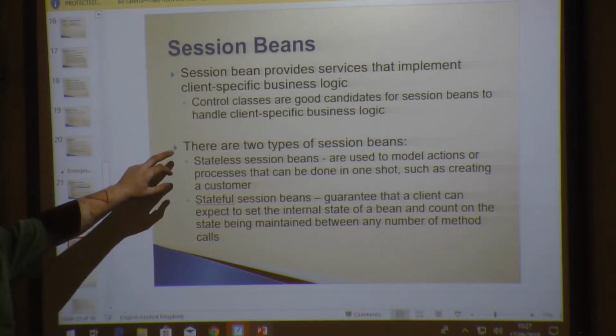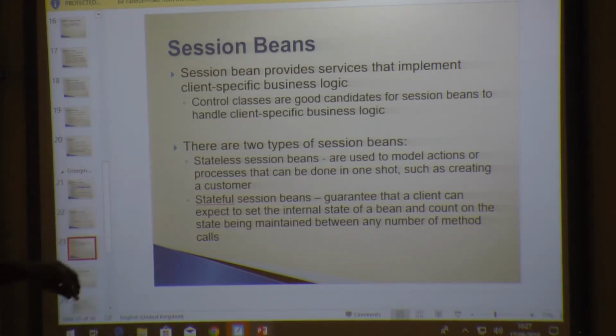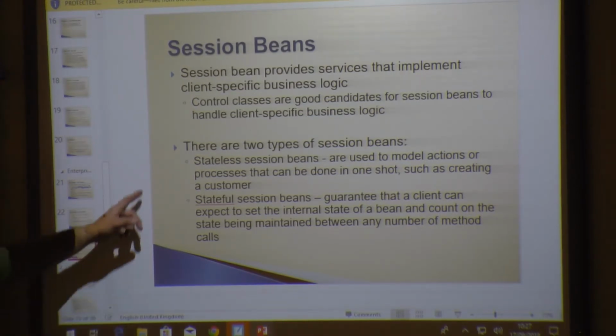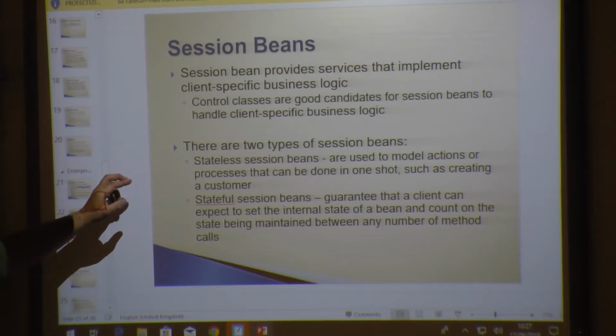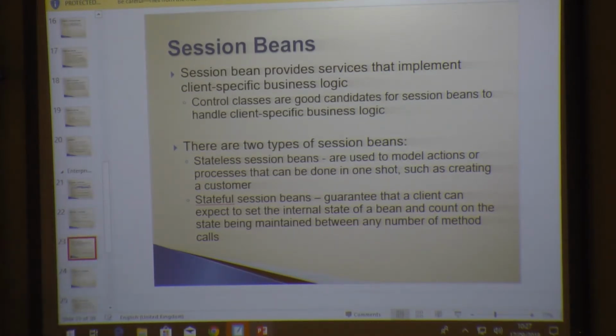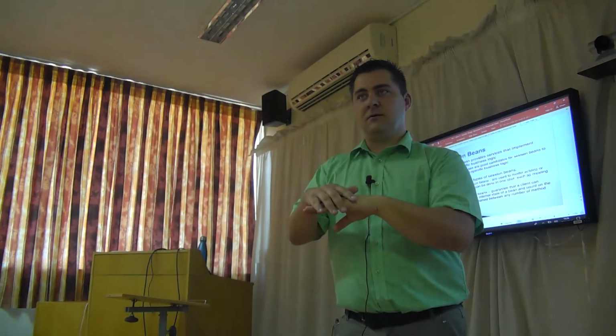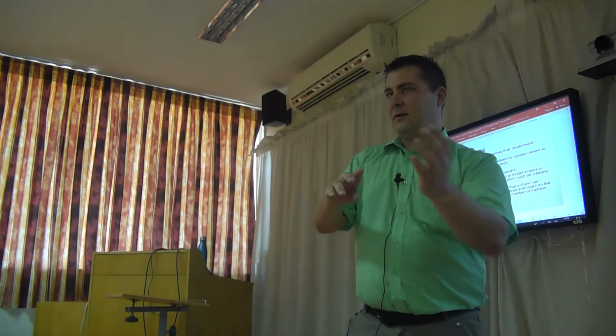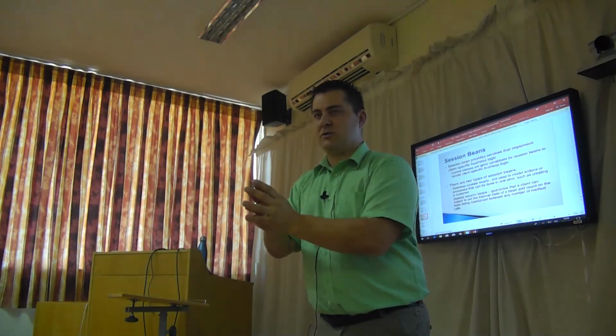Then there's also a mention about the two main types, where stateless is used to model actions or processes that can be done in one shot, like creating a customer. It doesn't really require that we store data. When I close the tab or page, does it require that I can go back to it?